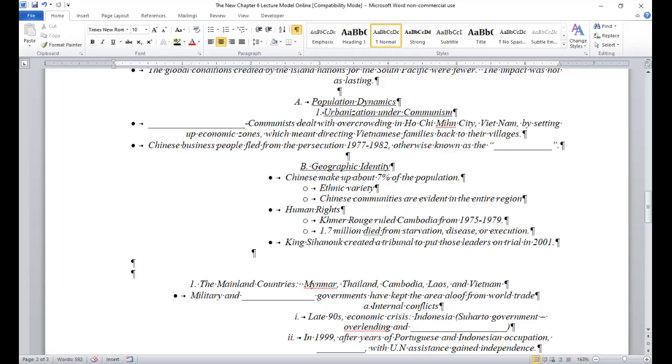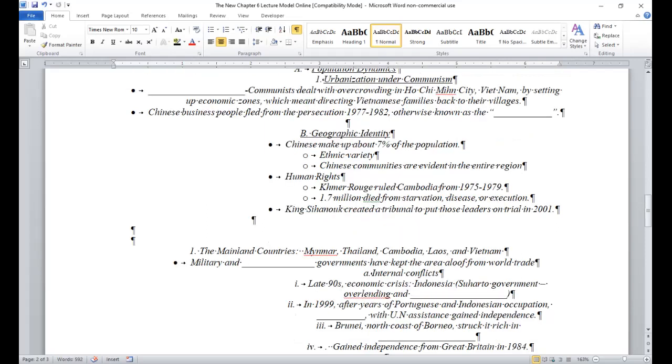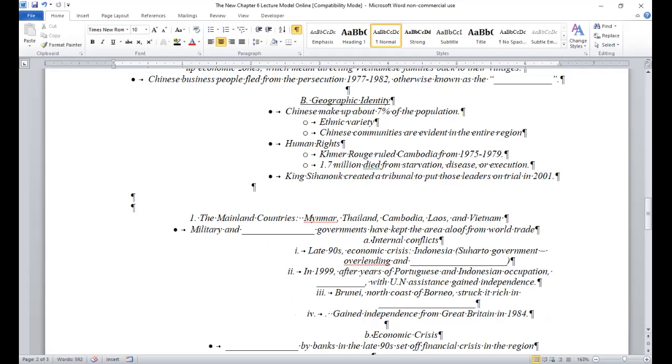You will see a very interesting clip that I have for you in your video of the actual footage of hundreds of people on rafts on their way, making it to one of the shores of Malaysia. Geographic identity. Chinese make up about 7% of the population of the entire region. So the ethnic variety, Chinese communities are evident in the entire region.